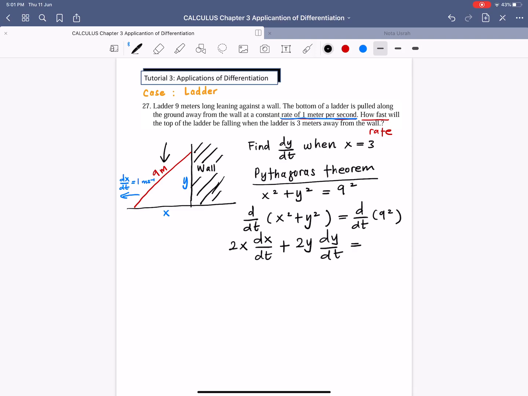On the right hand side, 9 squared is a constant. If you differentiate any constant, it will be 0.